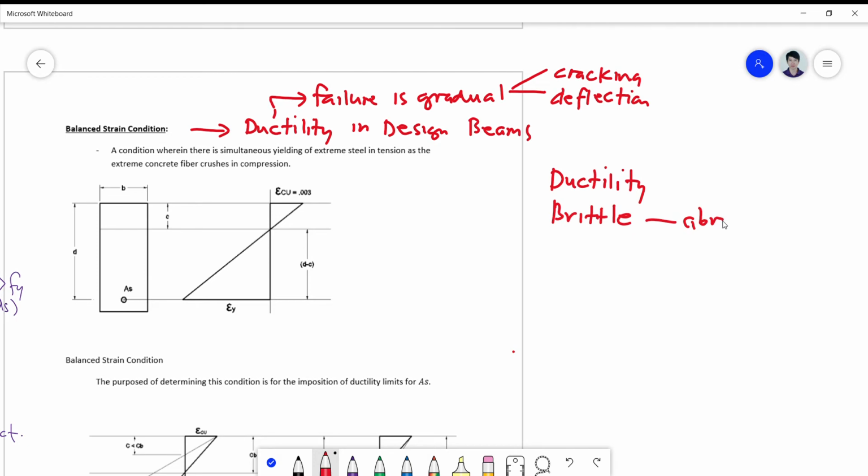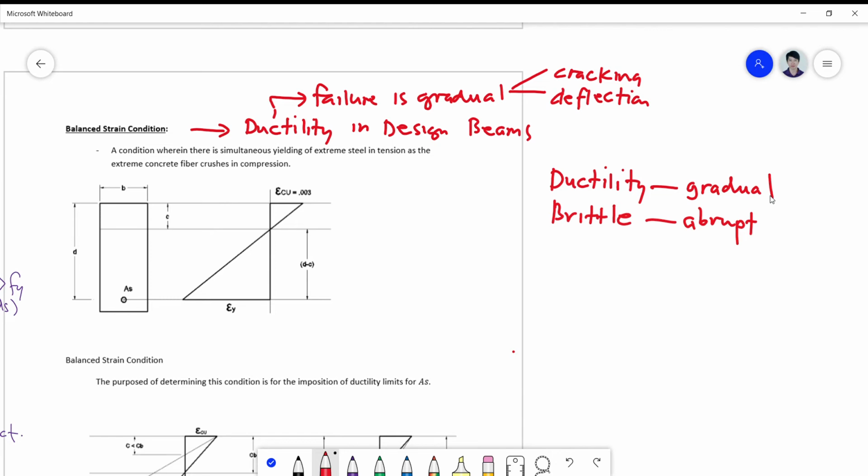It is sudden without any sign, while ductility normally is gradual, and it manifests some signs that it is going to fail, and we want that because we can still make some remedies and save our lives. If we want to abandon the beam or the area, we can still go out of the area when it manifests gradual failure.